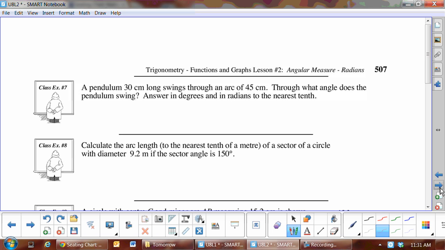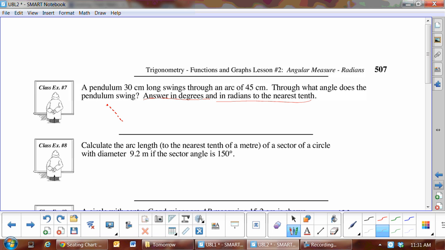The pendulum swings through an arc of 45 centimeters. Through what angle does the pendulum swing? Answer in degrees and in radians. So, for you visual people, I will draw you a pendulum swinging.